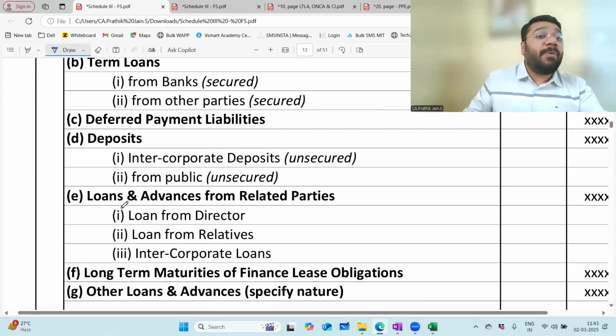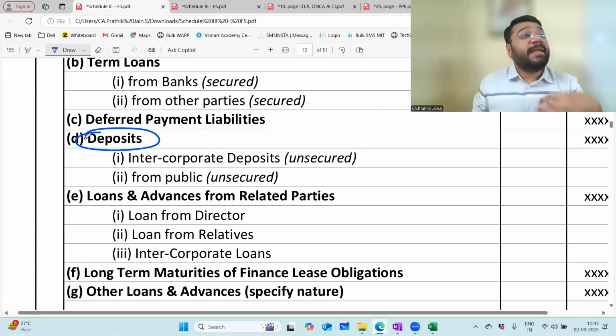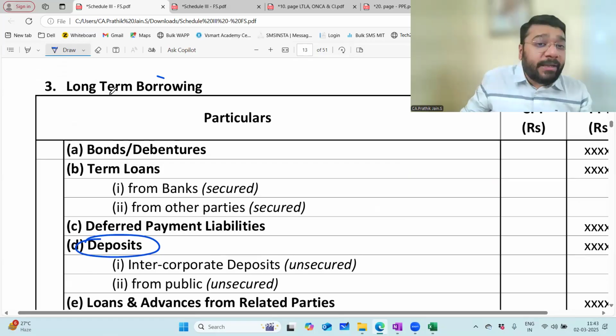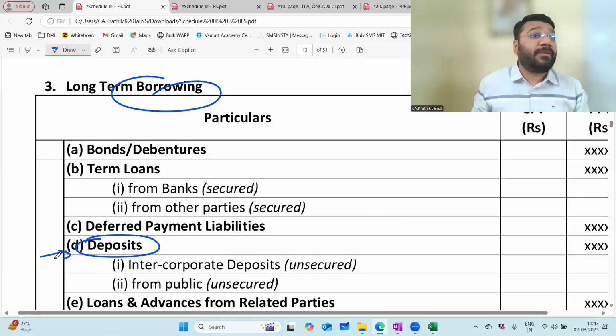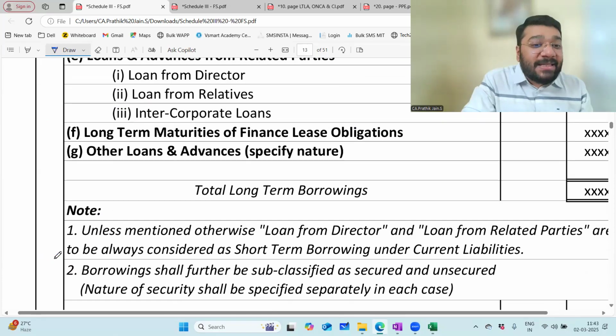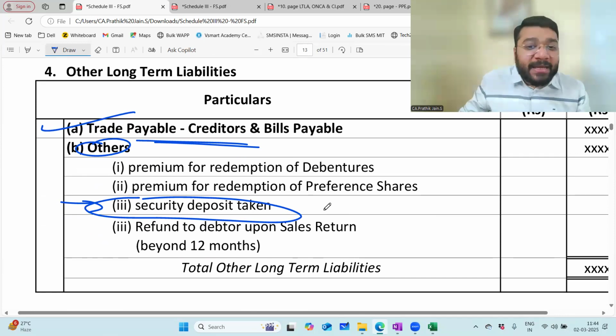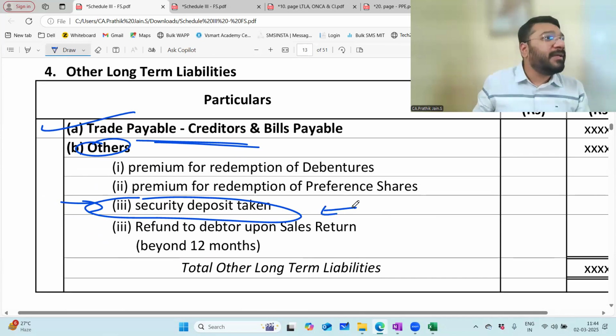This deposit is where I've taken the deposit with the intention to borrow money. That's what I told in yesterday's class. In long-term borrowing, the deposit is not a security deposit. It is a borrowing where I intend to pay interest against the money I'm using. Whereas this deposit, BSNL is not going to pay any interest. The EB department is not going to pay any interest.